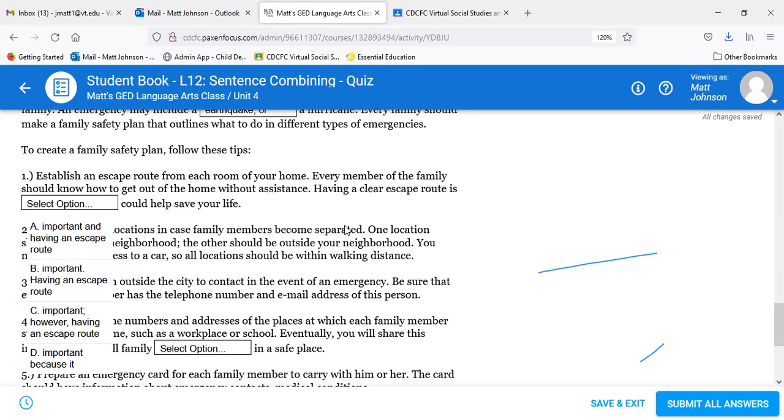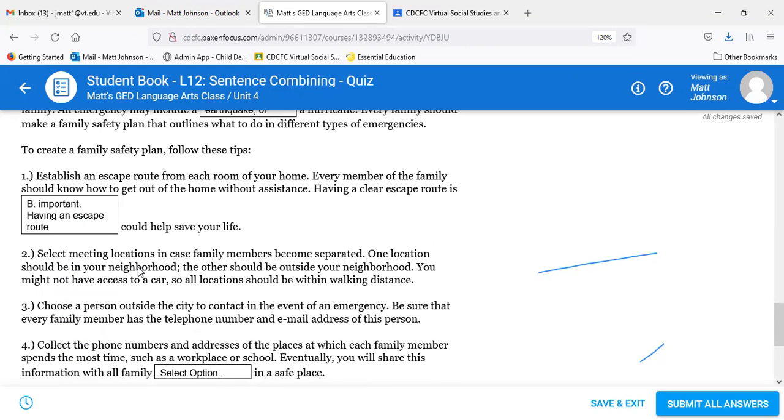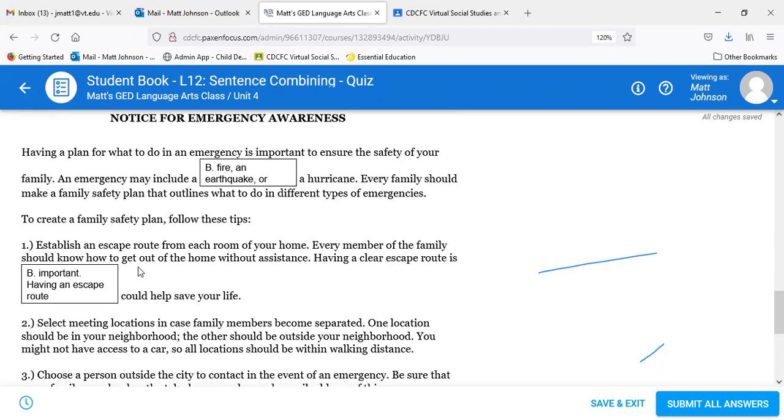C. So here they're throwing a kind of trick at us. Here we're going to just make two sentences. So, having a clear escape route is important. Period. Having an escape route could help save your life.